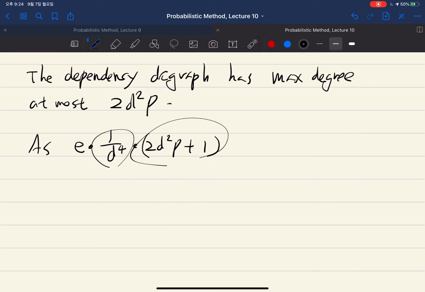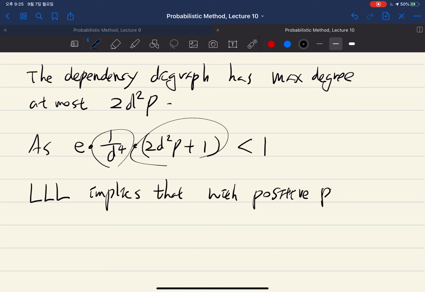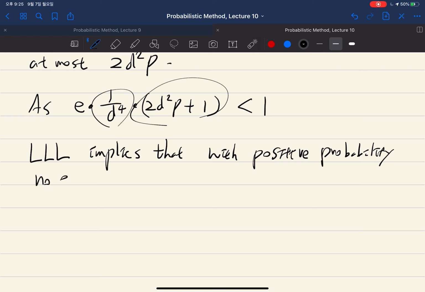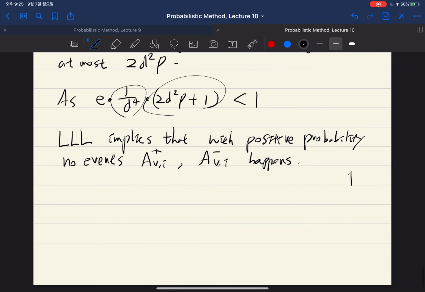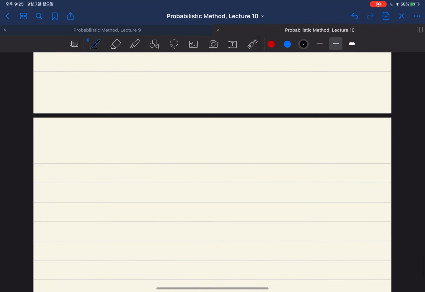So this is smaller than 1. So by the Lovász local lemma, with positive probability, none of the events A sub v i plus or A sub v i minus happens, and this provides the desired coloring f. So this proves the lemma.